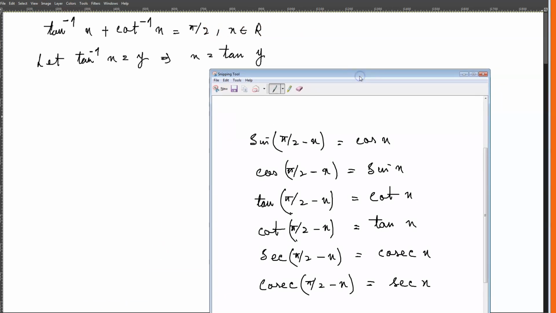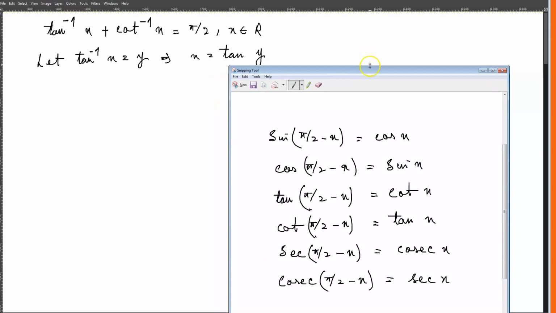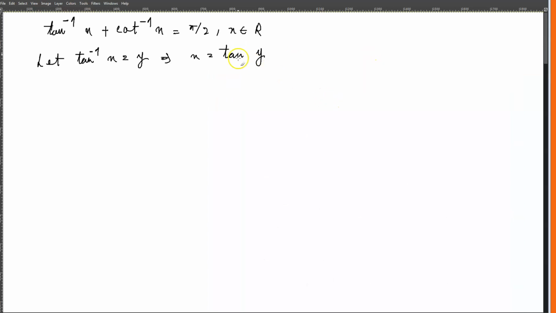You can see that tan of x is equal to cot of pi by 2 minus x. Which means that I can write x is equal to cot of pi by 2 minus y, right?